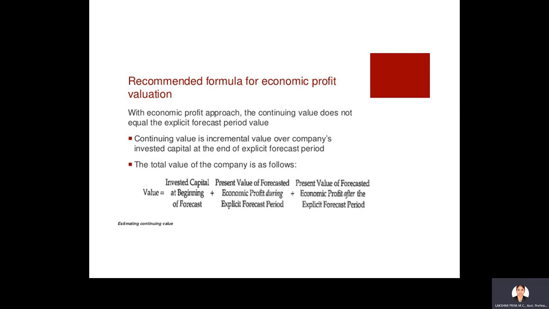Economic profit means simply the surplus left after making an appropriate charge for the capital invested in the business, and economic profit of a single period is defined as EP = IC × (ROIC − WACC), where IC is the invested capital, ROIC is the return on invested capital, and WACC is the weighted average cost of capital.